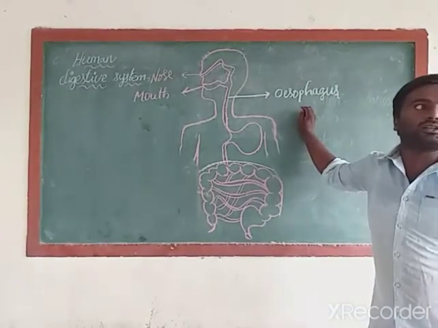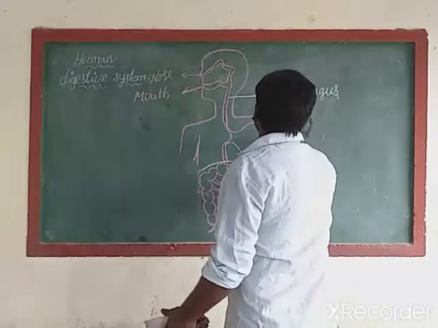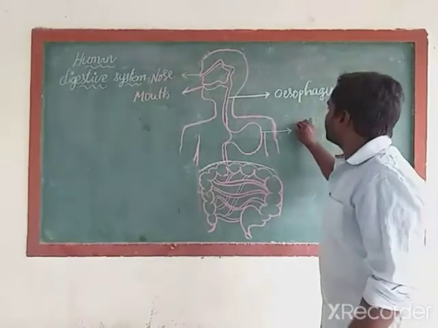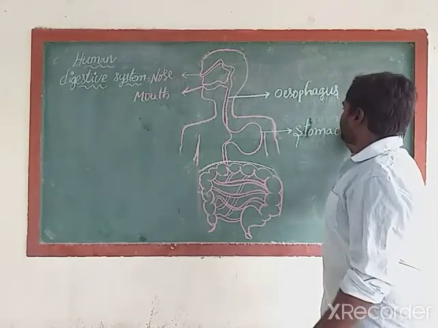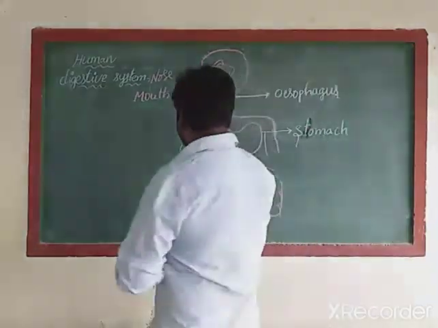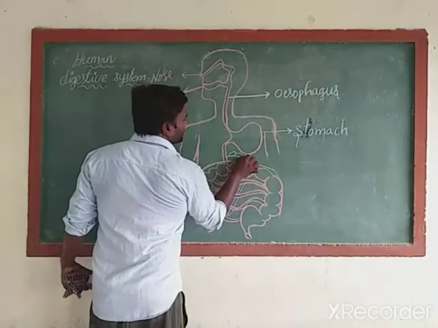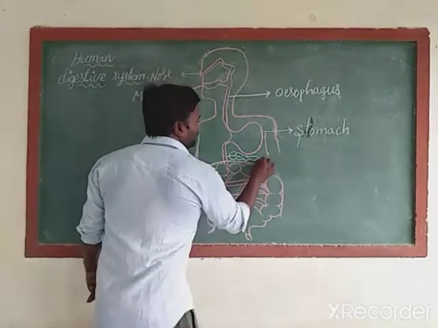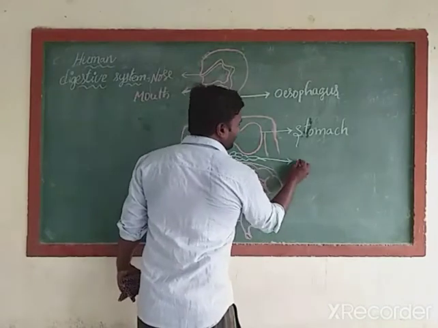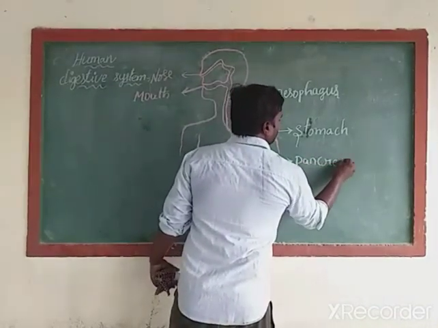Esophagus is also called food pipe. Next, this part is stomach. Next, a leaf-like structure we can see in our digestive system. That leaf-like structure is called pancreas.